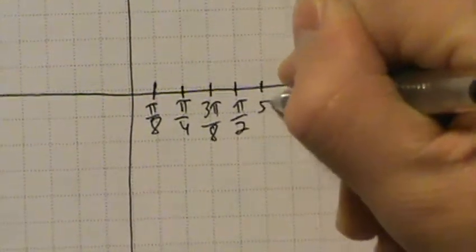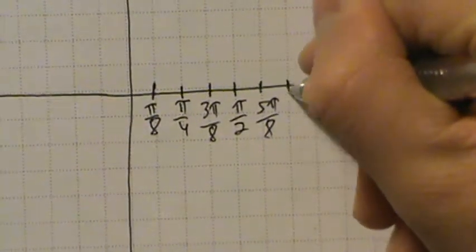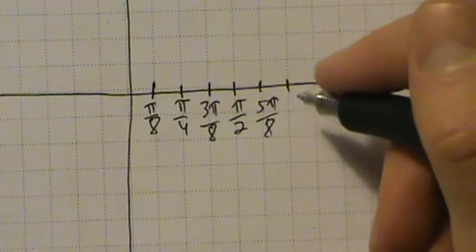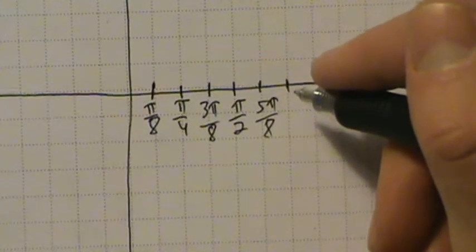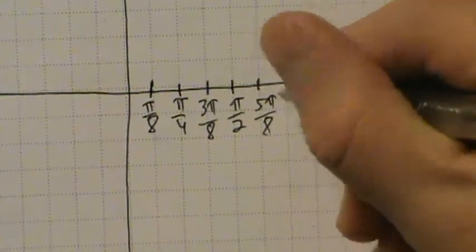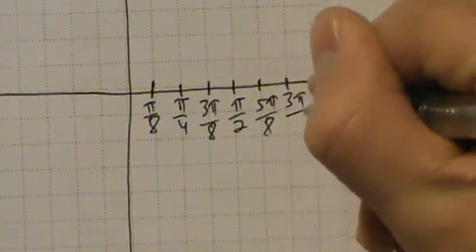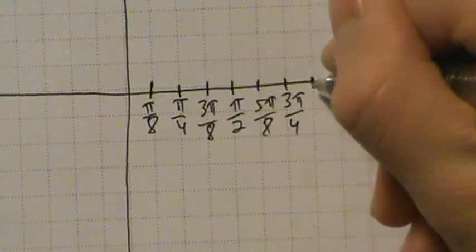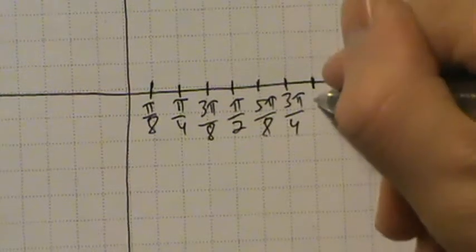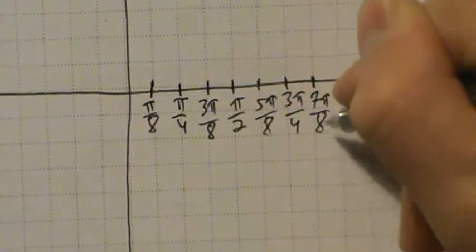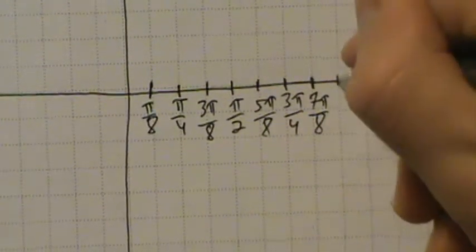This next one is 5 pi over 8. This one is 6 pi over 8, which simplifies, if we pull out a common factor of 2, to 3 pi over 4. And this one here is 7 pi over 8. Okay, it's getting kind of cramped in there, but this one here is pi.